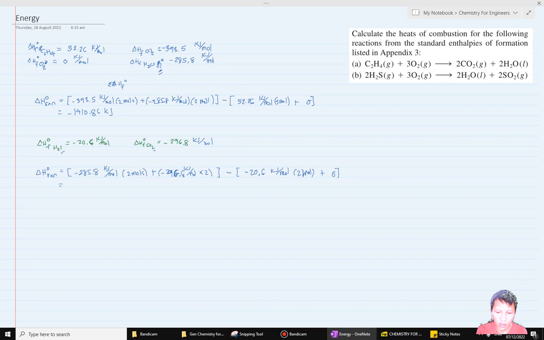So, you get negative 1124. Of course, the moles would be cancelled from those equations, so we have kilojoules. So, energy.